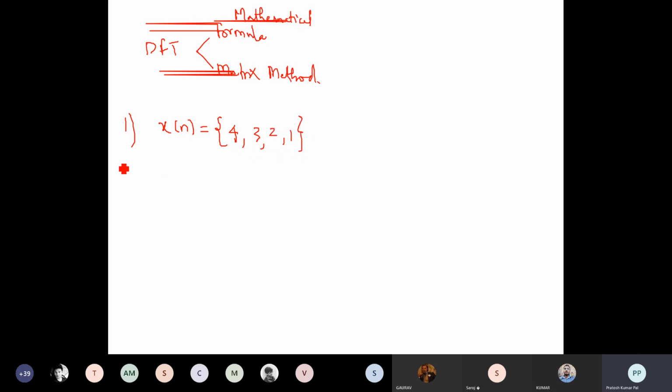If this is the x of n, then what will be the DFT? Just note it down everyone, note these questions down. You have to do these questions as homework, and after doing them, scan them and mail them to my email ID. For all the questions given, you have to find the DFT and IDFT, the DFT by using this, and again the IDFT by using the mathematical formula method and the matrix method.